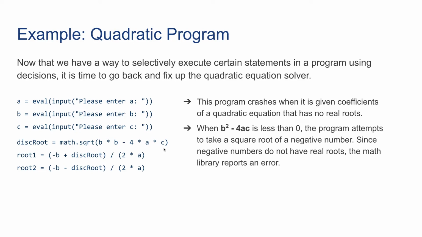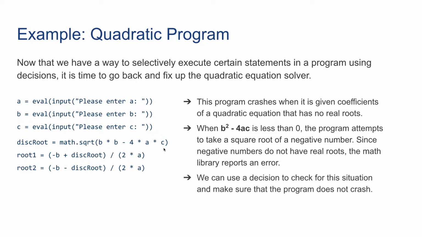When b squared minus 4ac is less than 0, the program attempts to take a square root of a negative number. Since negative numbers do not have real roots, the math library reports an error. We can use a decision to check for this situation and make sure that the program does not crash.